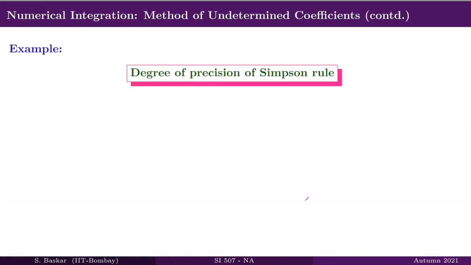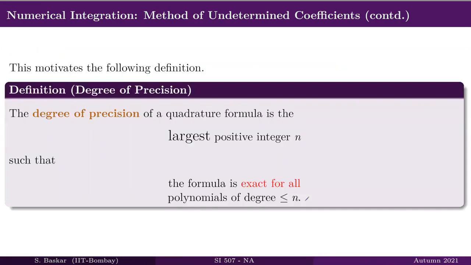As an example, let us take Simpson's rule and try to see what is the degree of precision of this Simpson's rule. If you recall, we have obtained Simpson's rule by taking n equal to 2 and some nodes, right? x0 is equal to a, x1 is equal to (a+b)/2, and x2 is equal to b. That's okay.